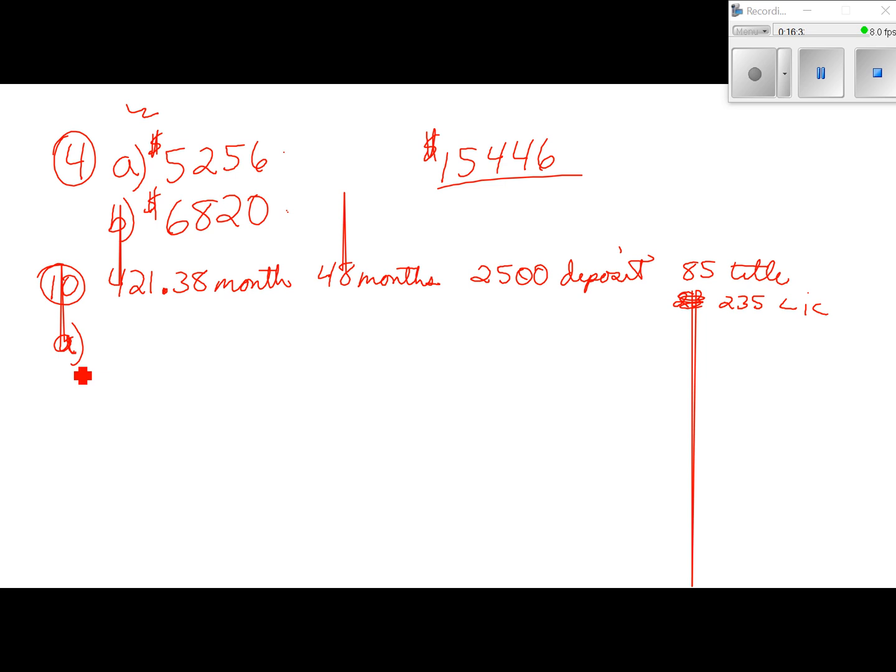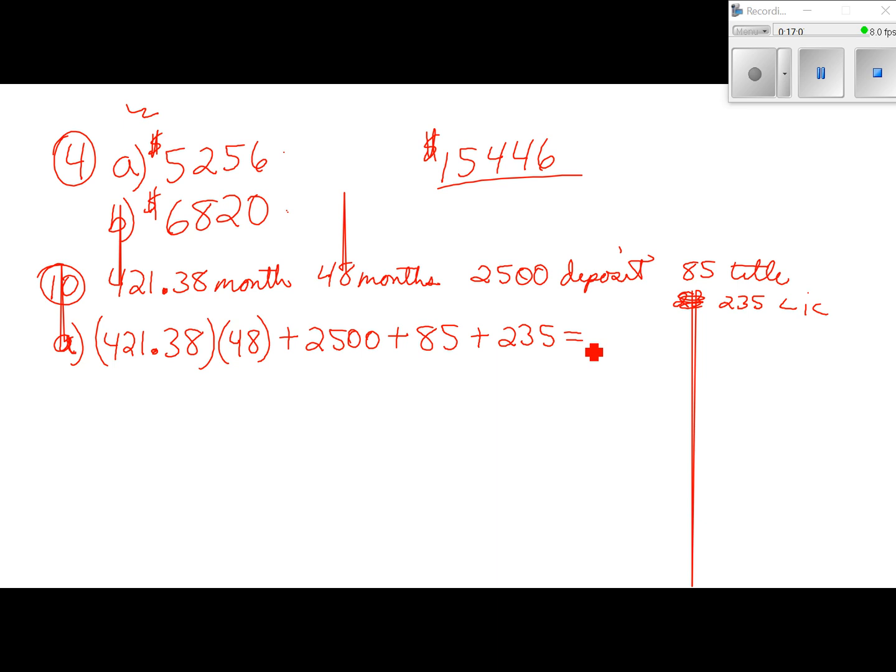We're going to take the $421.38 times the 48, because that's how much she's going to make in payments, and then add on the other stuff. So plus the deposit, which was $2,500, plus the $85 title fee, plus the $235 license fee. If you punch all that into your calculator, just like I have it written here, it would give you the answer.